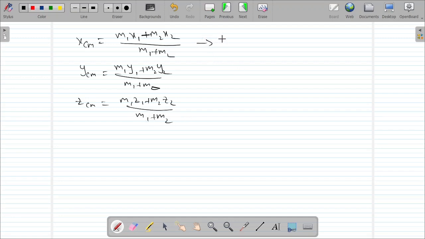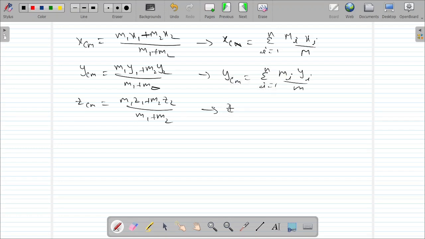Okay, if you want to write that in terms of summations, then x center of mass equal to summation i equal to 1 to n mi xi by M. For y axis it will be mi yi by M, ycm equal to summation i equal to 1 to n mi yi by M, and zcm equal to summation i equal to 1 to n mi zi by M. So this is along x axis, y axis as well as z axis.